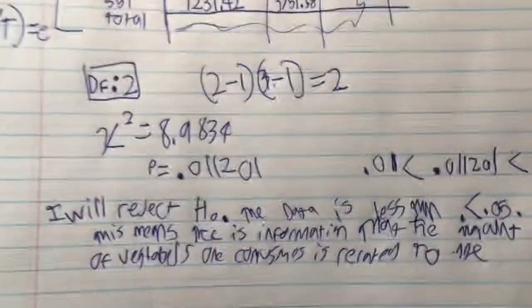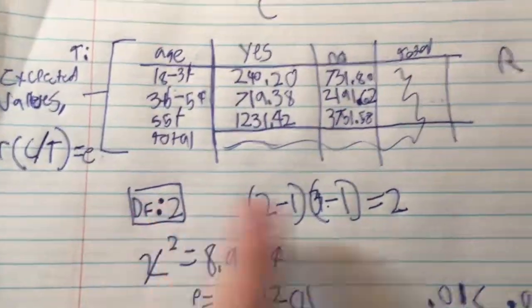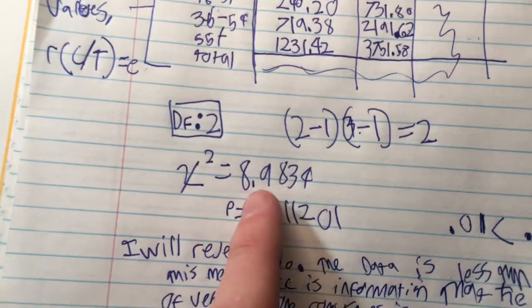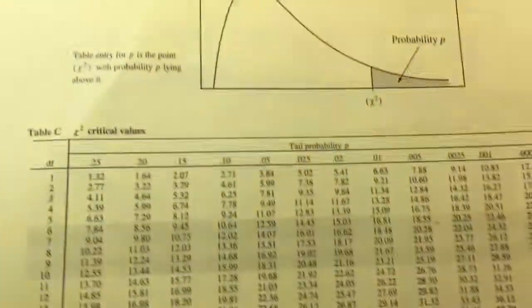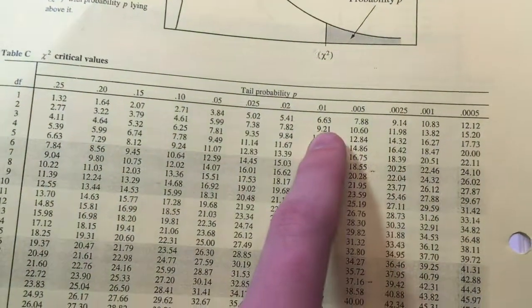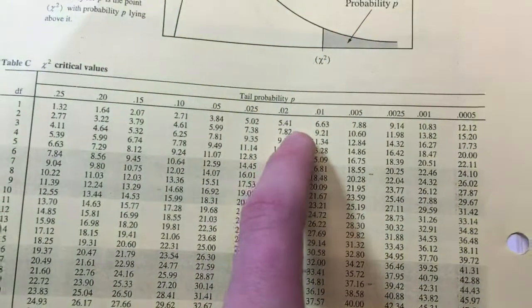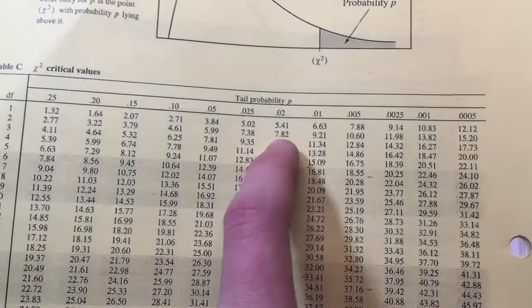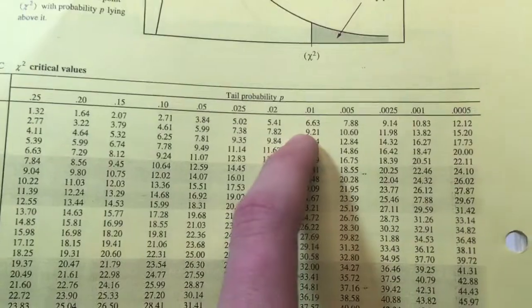So from there, we already have the DF, which is 2, and the chi-squared, which is 8.98. We would go to the chart, and we would find the number. So if we go in the DF, we go all the way over, which is 2, and we find that the p-value is in between these two numbers, because the number we have is 8.9.